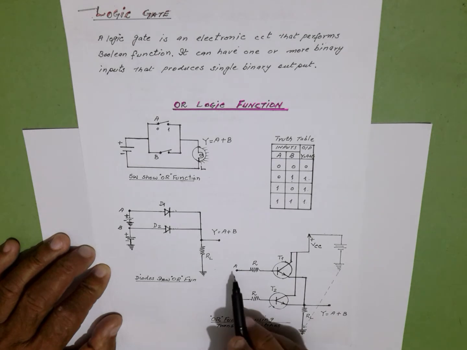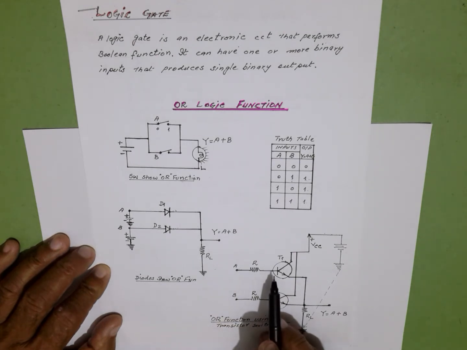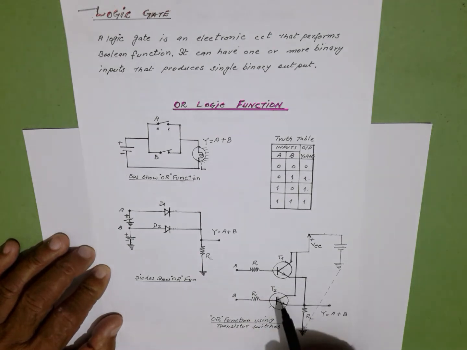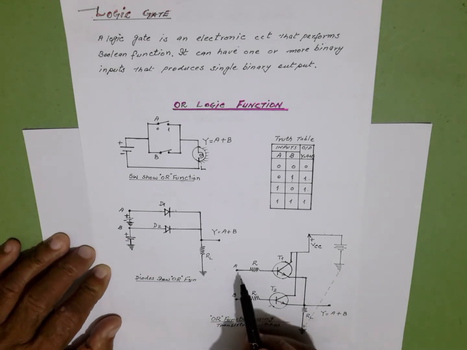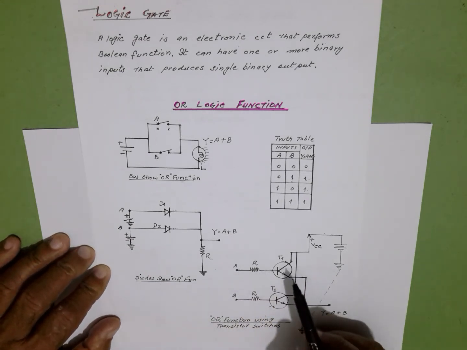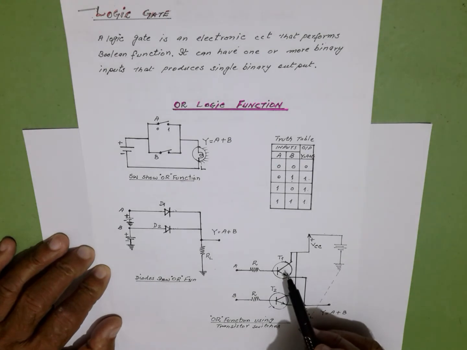And A is held at 0, meaning low level logic voltage. T1 is cut off, it does not matter. Why? Because T2 is always conducting and providing us logic 1 voltage. With 0 logic voltage here, T1 is cut off.